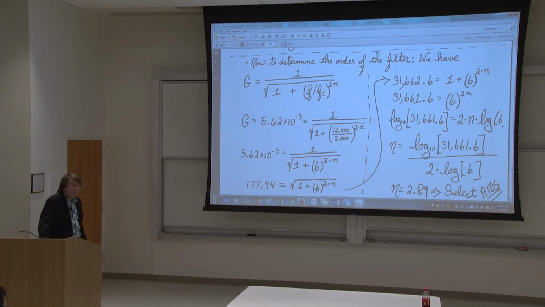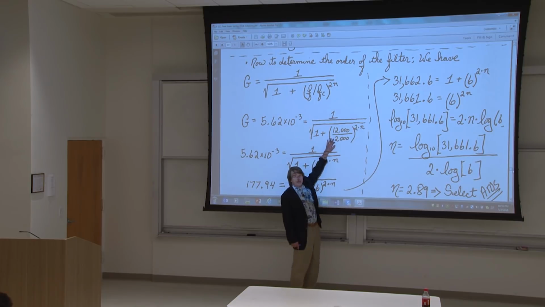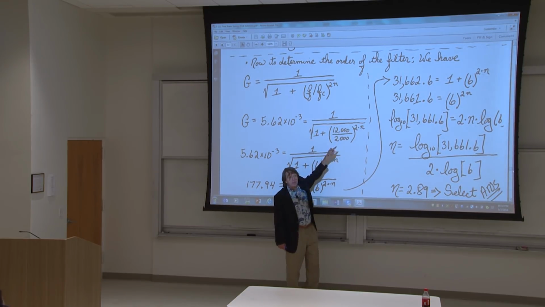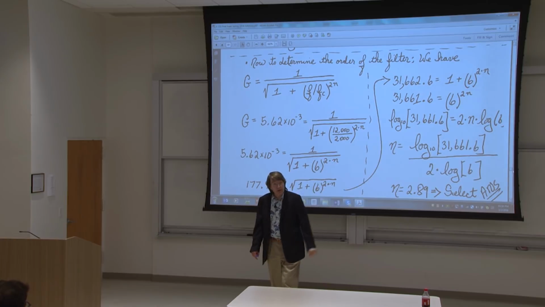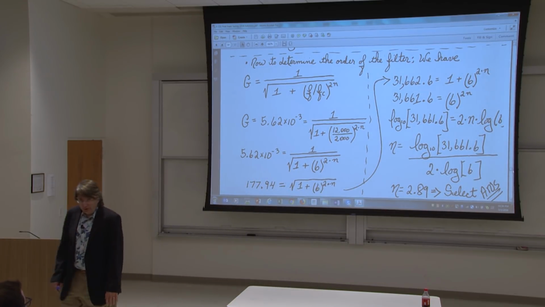Now, on exam 1, a number of colleagues had the wrong numbers here. I think a few had them inverted. Make sure you know what this formula means. It's F over F sub C. F is the input frequency. F sub C is the corner frequency.